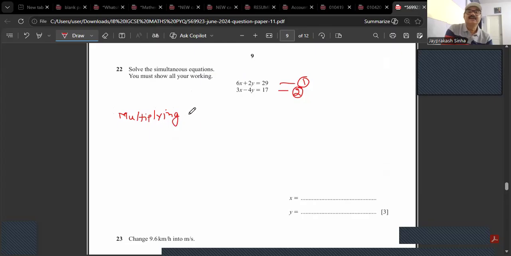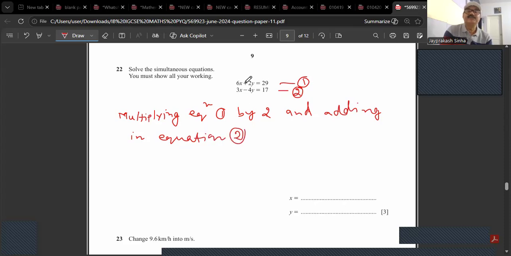Multiplying equation 1 by 2 and adding in equation 2.